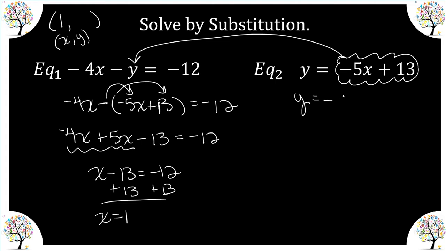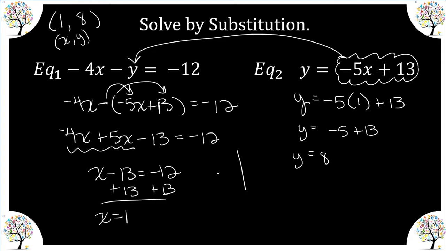You can substitute it into either equation. Multiply, combine, and we get 8. So this system intersects at 1, 8.